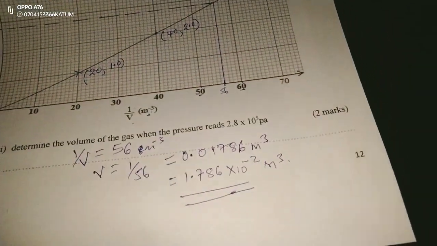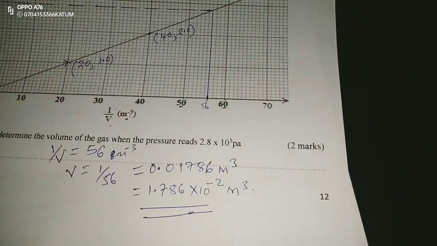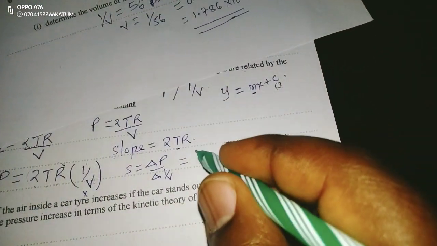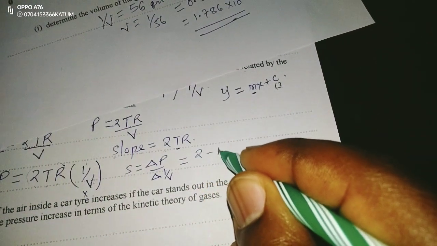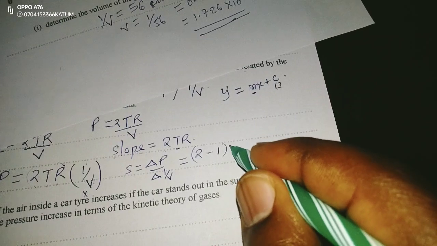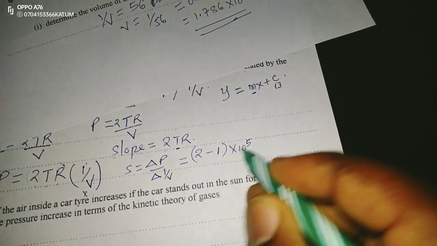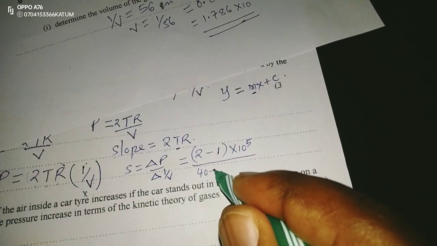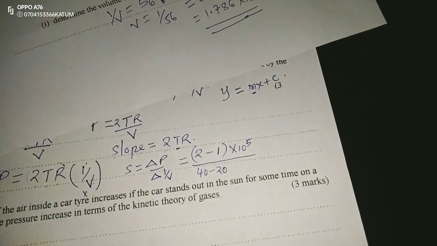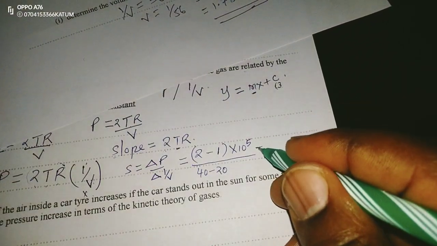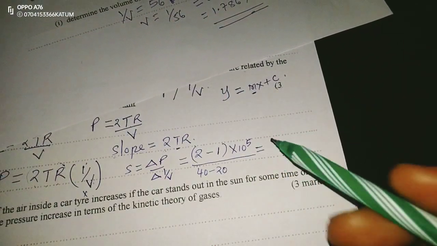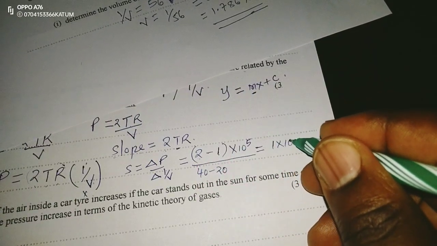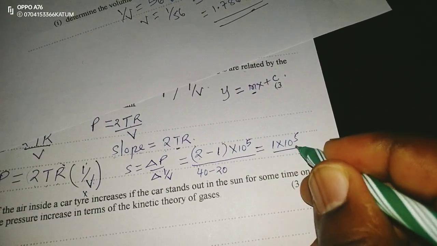So we can take a change in y, which means 2 minus 1. So 2 minus 1, but we should remember for this one, times 10 power 5. Then we divide by 40 minus 20. Yeah, 40 minus 20. This is 1, so it will just be 1 times 10 power 5 divided by 20.